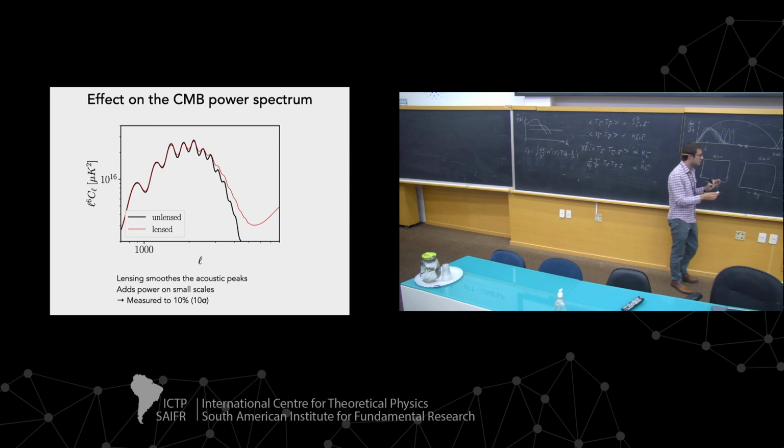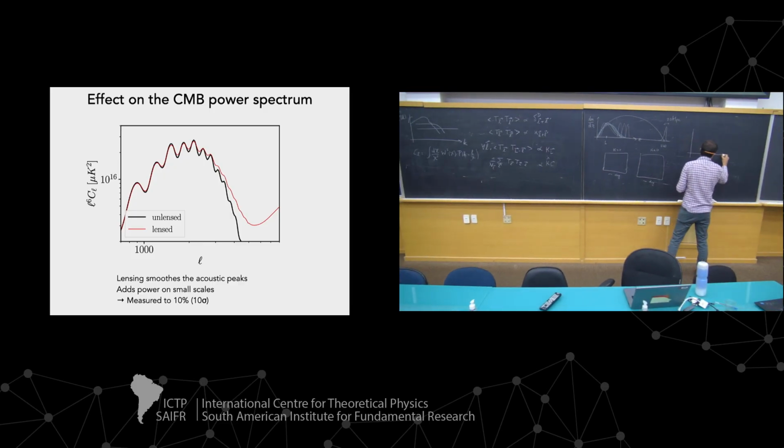If I think of measuring the power spectrum only on this patch or only on that patch versus the average, what I'll see is that, as a function of L, L squared C_L, here's the normal CMB power spectrum.